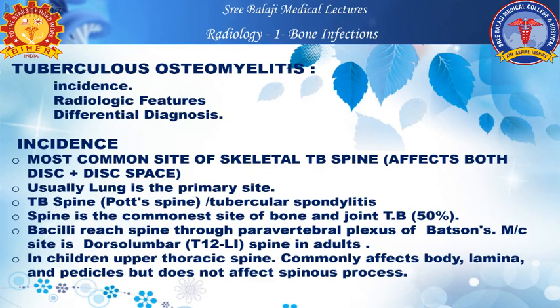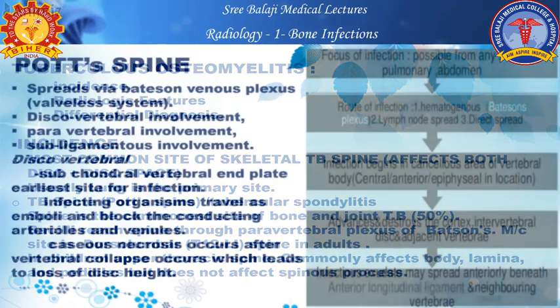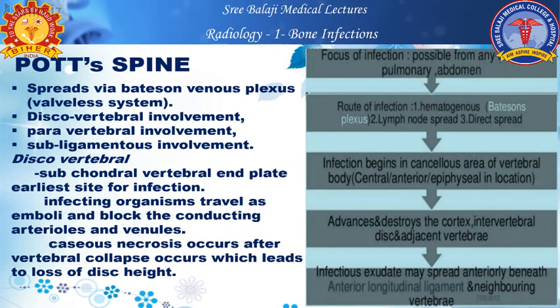Now we'll come to tuberculous osteomyelitis. The most common site of skeletal tuberculosis is the spine, most commonly the dorsolumbar vertebrae. The mode of spread into the dorsolumbar vertebrae is through Batson's venous plexus, and the types of infection are either closer to the vertebra, called discovertebral involvement, or beneath the anterior longitudinal ligament, called anterior or paravertebral, subligamentous involvement.